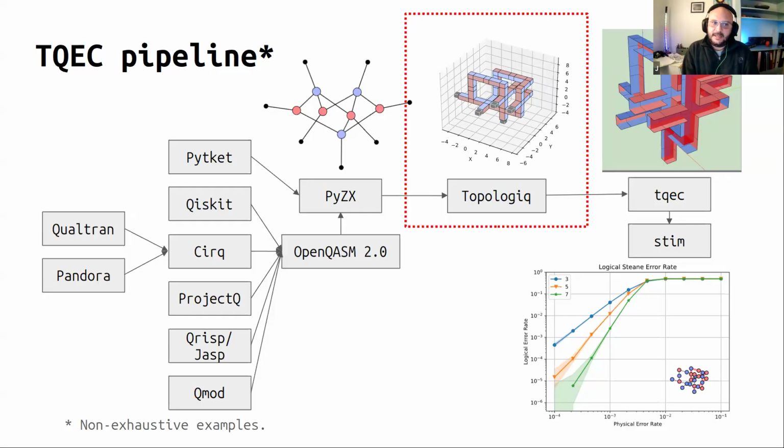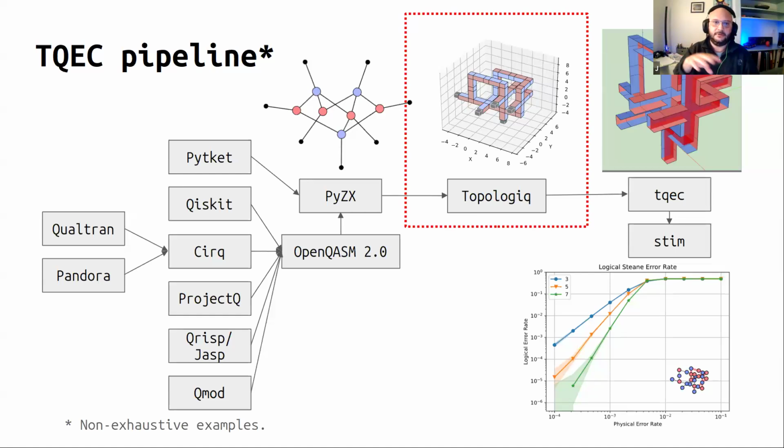It is able to take circuits designed in a wide variety of frameworks. I like Qiskit, but we have tested it with Pytket, we have tested it with Cirq, and we are very close to getting one with Circ. We have tested it at work, but we don't have it public yet.